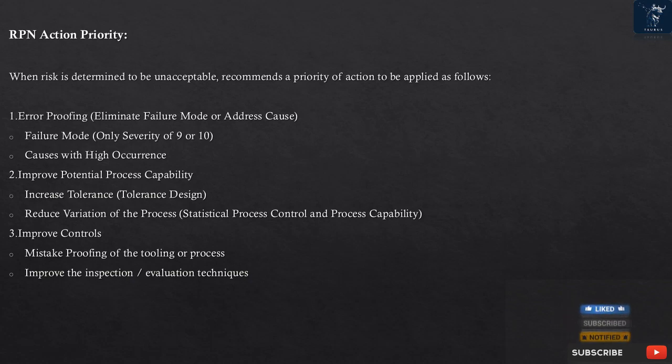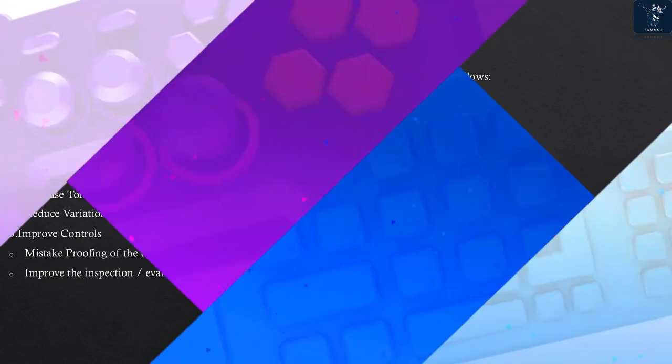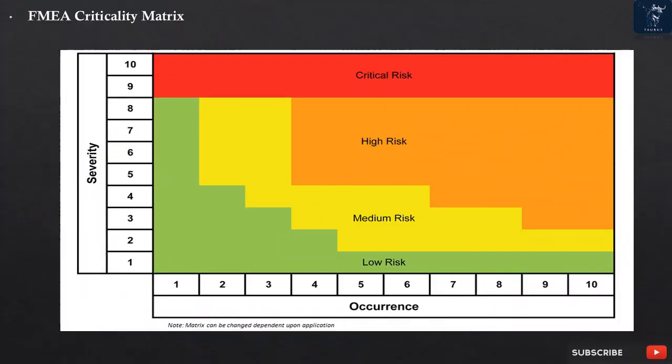Increase tolerance, tolerance design. Reduce variation of the process, statistical process control and process capability. Improve controls. Mistake proofing of the tooling or process. Improve the inspection/evaluation techniques. FMEA Criticality Matrix.